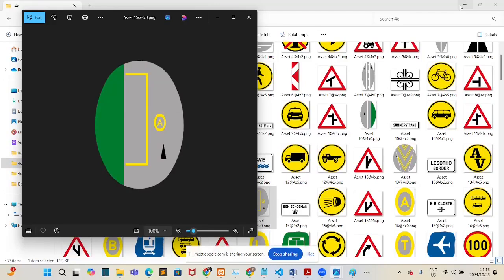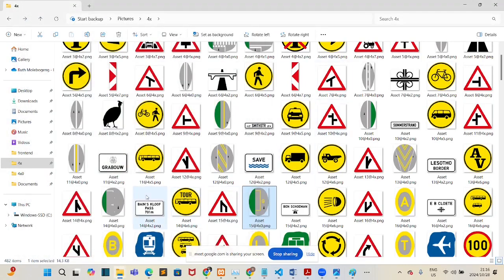The A is for ambulances, meaning that only an ambulance can stop or park over there. So this is an exclusive parking bay. That symbol A denotes that only ambulances can park there. All right, that's correct.